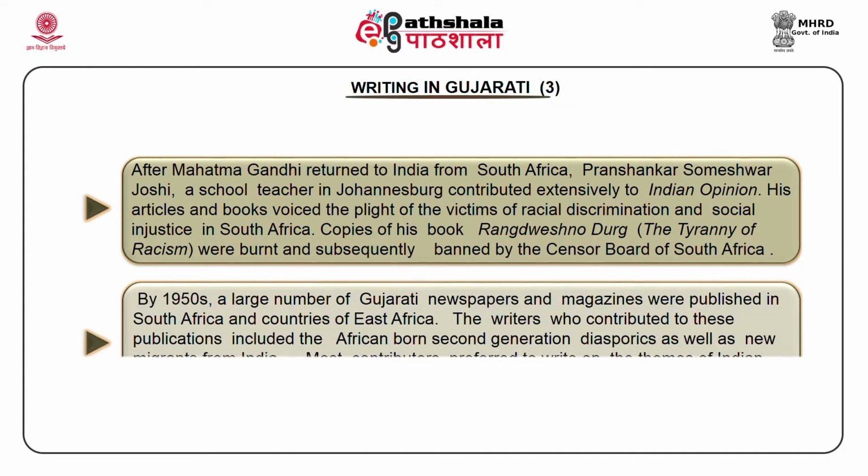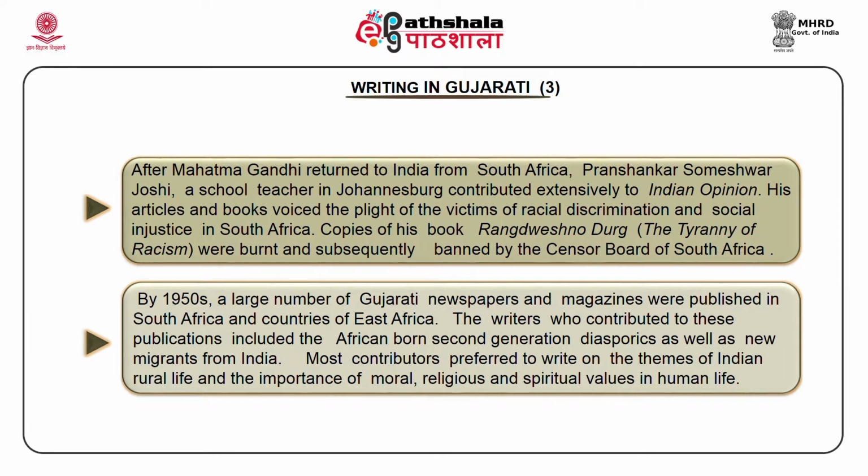By 1950s, large number of Gujarati newspapers and magazines were published in South Africa and countries of East Africa. The writers who contributed to these publications included the African-born second-generation diasporics as well as new migrants from India. Most contributors preferred to write on the theme of Indian rural life and the importance of moral, religious and spiritual values in human life.